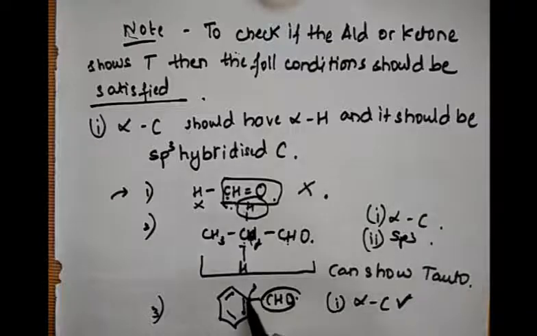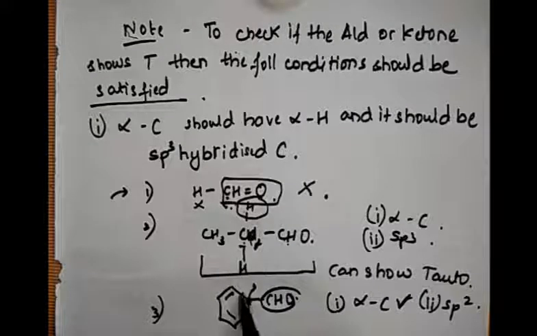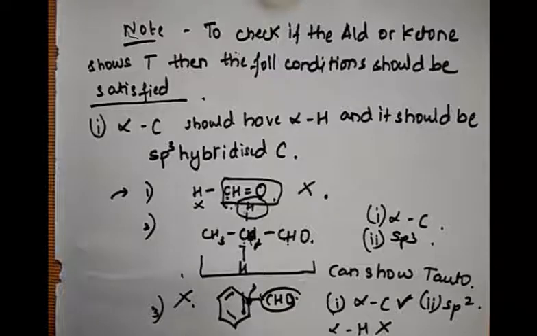There is an alpha carbon, but it is sp2. How? From the first video only, it does not have all sigma bonds. It has a pi bond, so it is sp2, and it does not have an alpha hydrogen as well, so it does not show tautomerism.